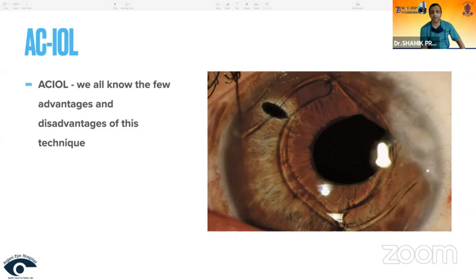But yes, this IOL placement technique is useful, especially in camp settings where the anterior segment surgeon does not have access to vitrectomy machines, or cannot refer his or her patient to a VR surgeon for the needful. So ACIOL, I wouldn't say it is completely out of vogue, but it is slowly dying off as a technique to be used on a routine basis.